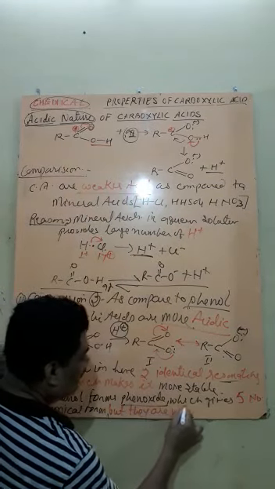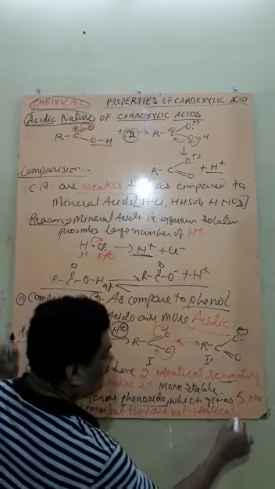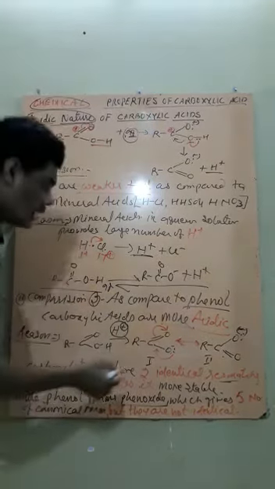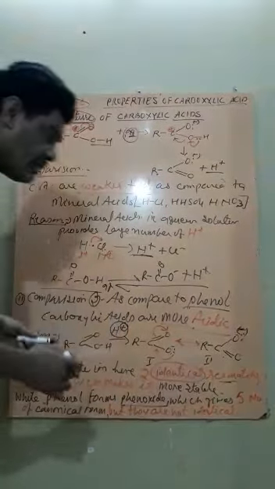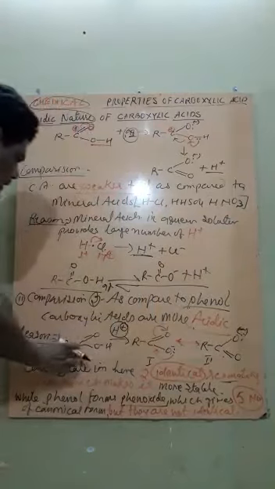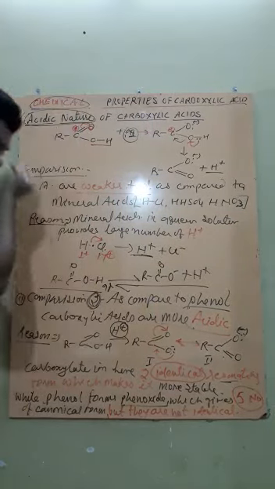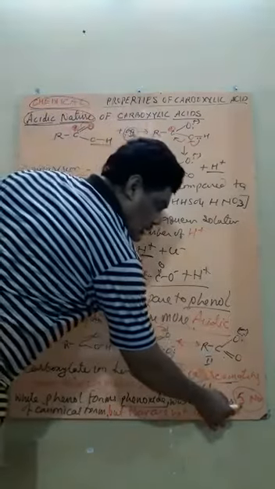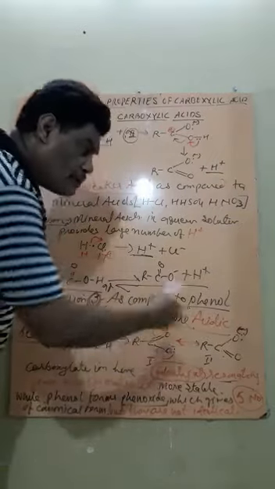They are not identical. Student, actually here the identical forms show more stability. Carboxylate has only 2 resonating structures, look at here, only 2, while the phenoxide forms 5 resonating structures. So the phenoxide should be more stable as compared to carboxylate.